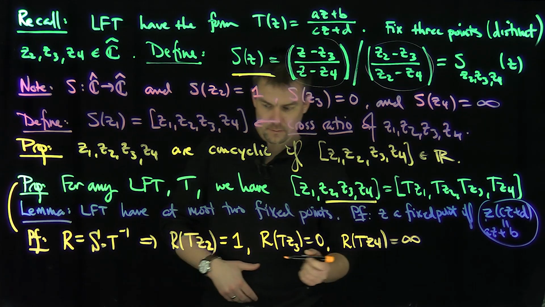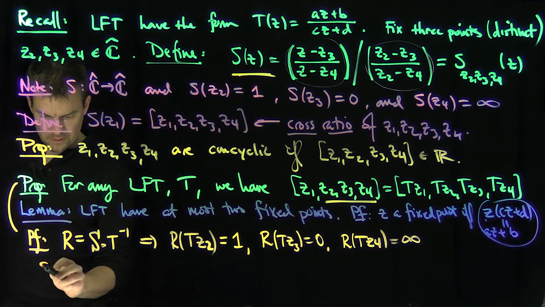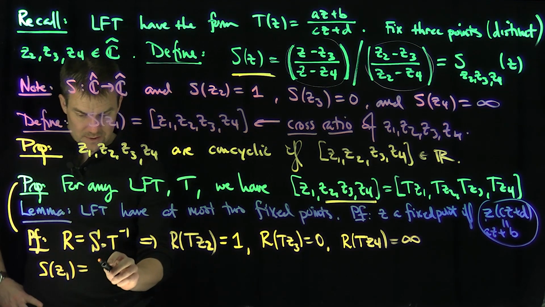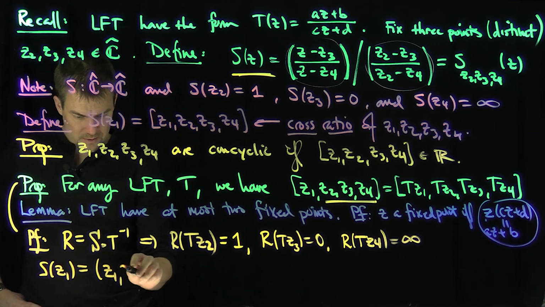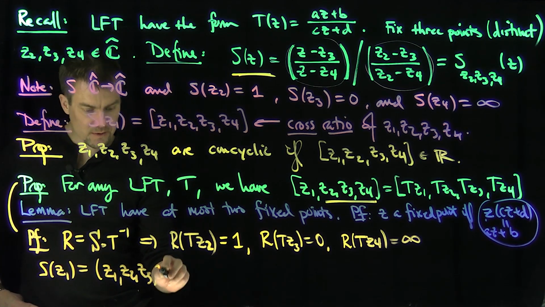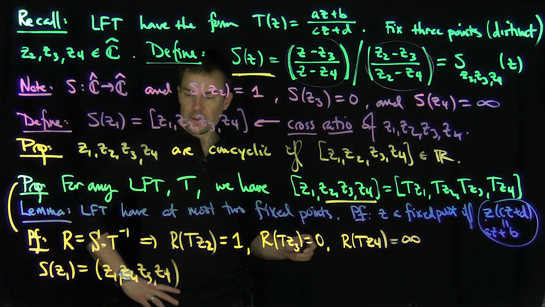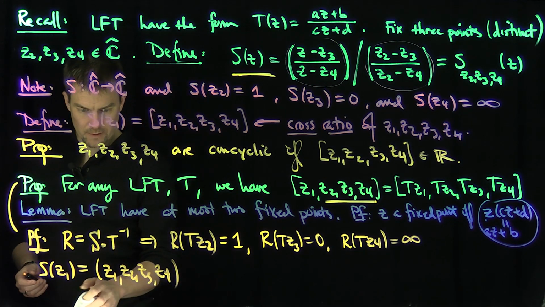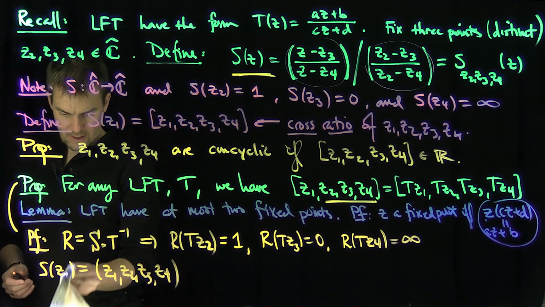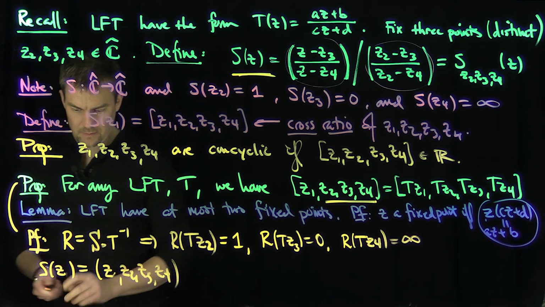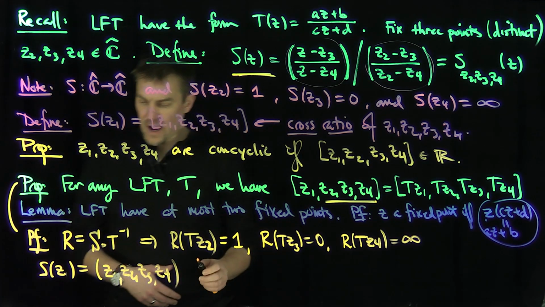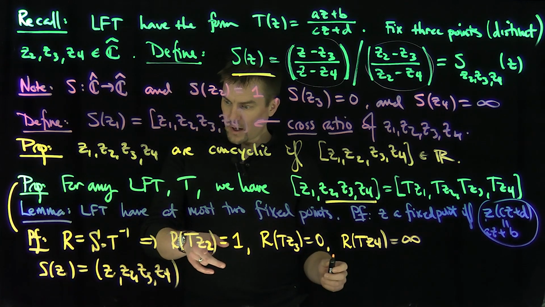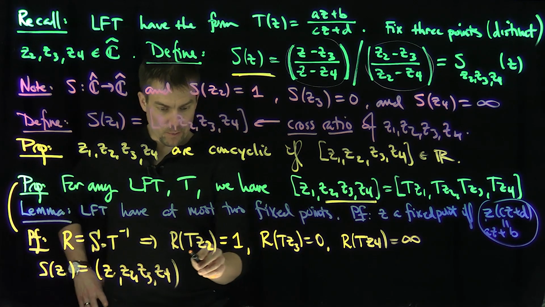So now what do I want to do? So now I know that S of Z1 is equal to the cross ratio Z1, Z2, Z3, Z4. Good. And so S of Z would be equal to this, right? Okay, but now let me plug in. And I know that R is going to be the same 3 things over here, but with the T's, right?